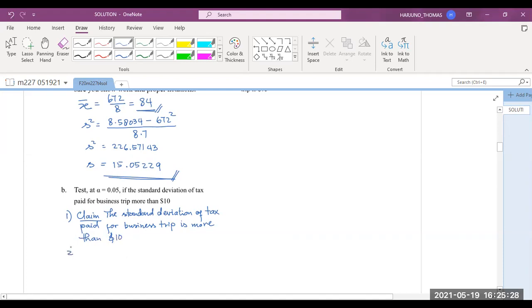So step 2, hypothesis. The standard deviation more than 10, so that's the alternate hypothesis. The null hypothesis, therefore, is the complement of that. This is our claim. Still, the alternate hypothesis is the claim in this case, and it is a right tail.